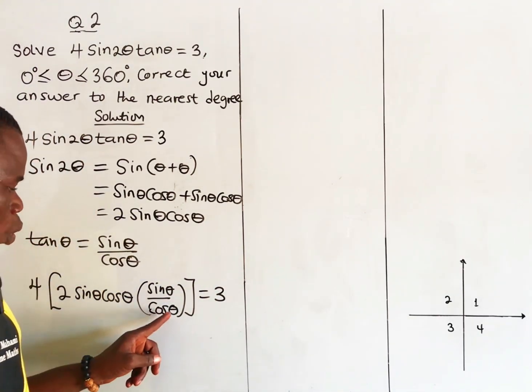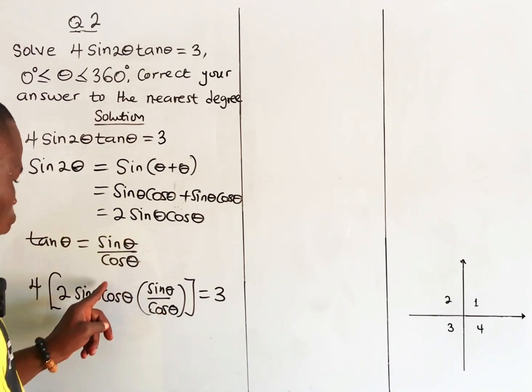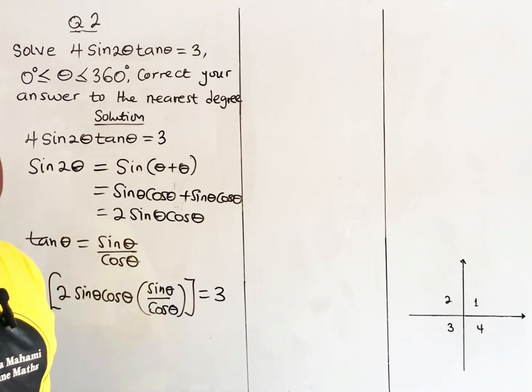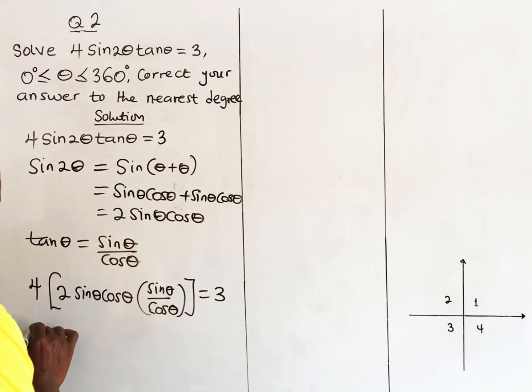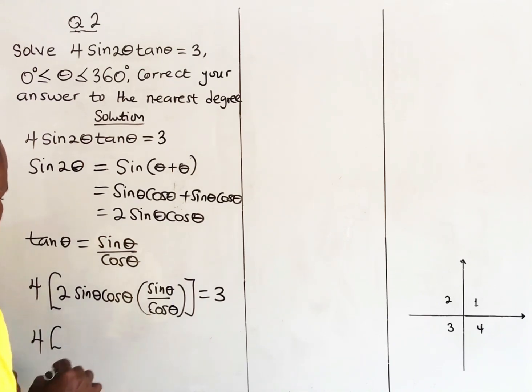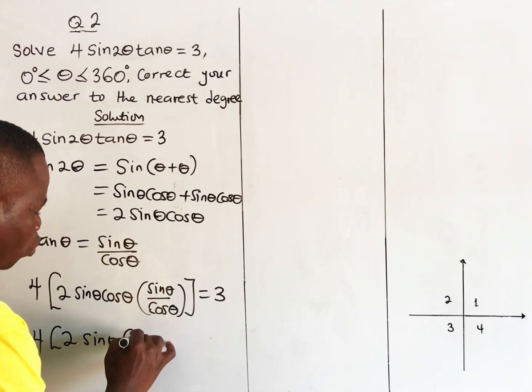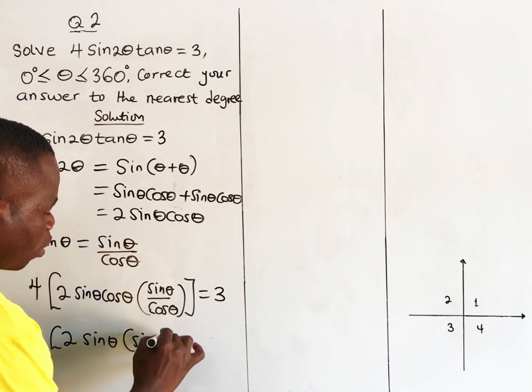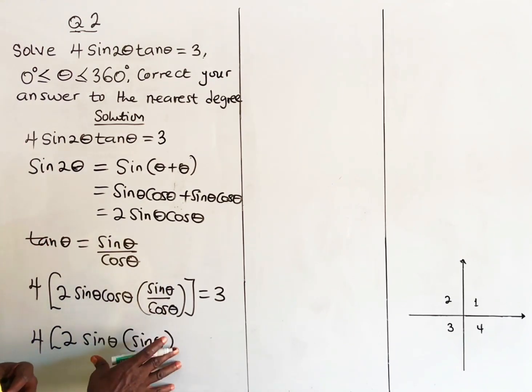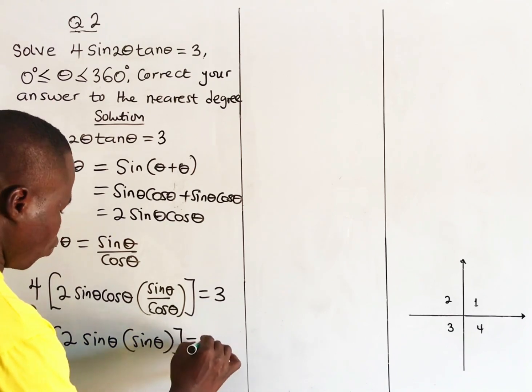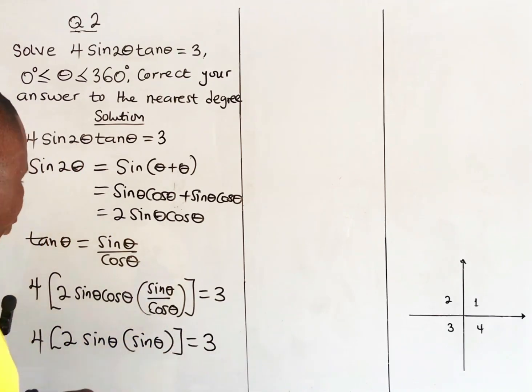Now, cos theta as denominator and cos theta as numerator will cancel out. Then I'll have 4 into 2 sine theta into sine theta, and everything is equal to 3.